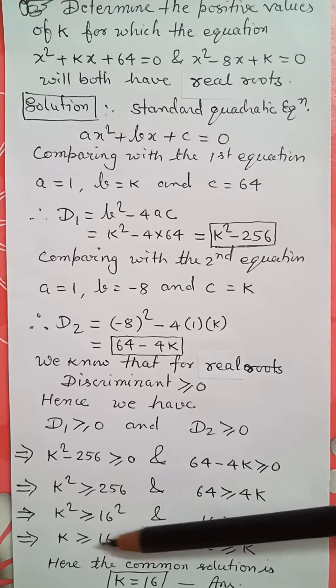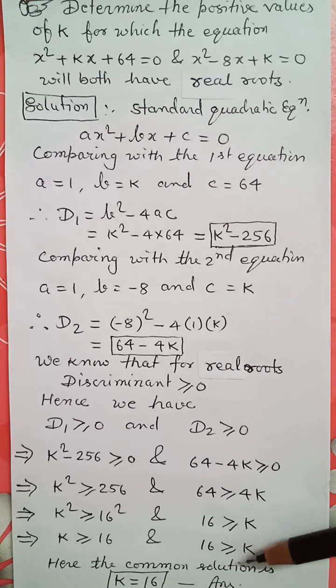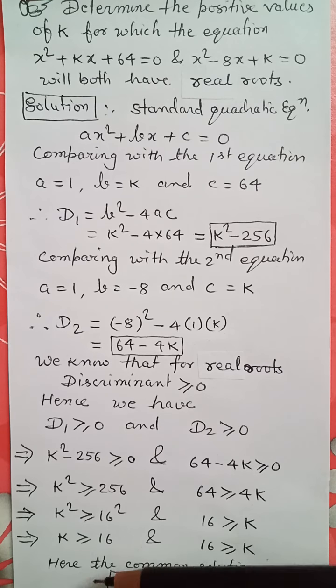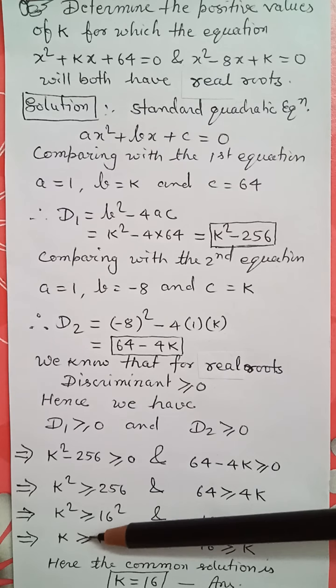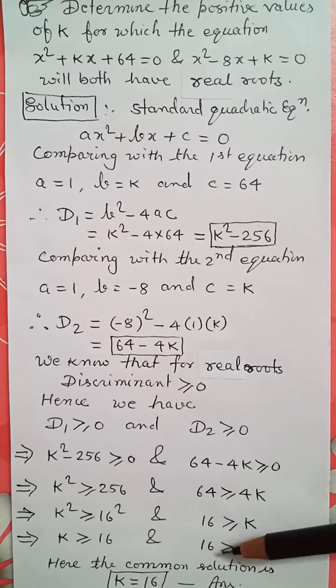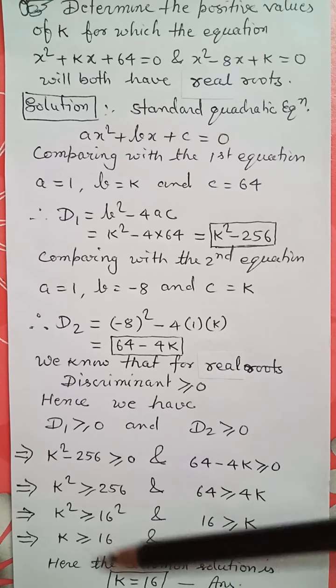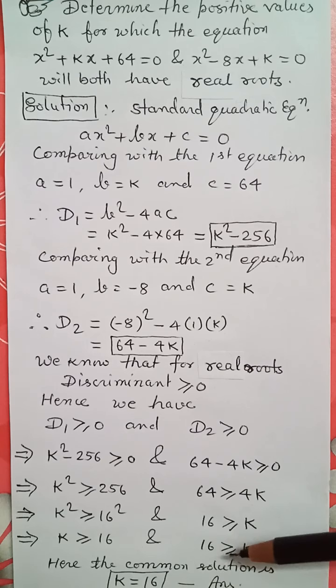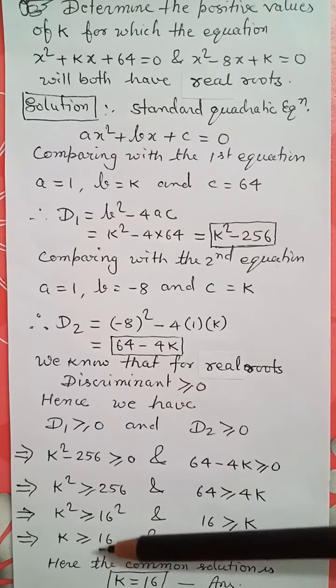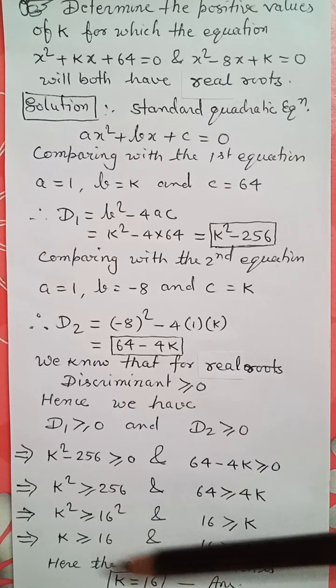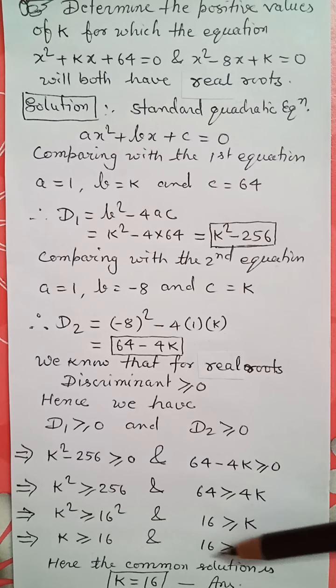Now from the first we have k is greater than or equal to 16, and here we have 16 is greater than or equal to k. The common solution of both the inequalities is k equals 16, because k equals 16 satisfies both.